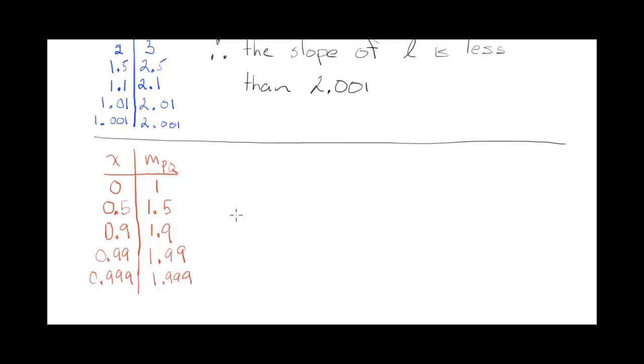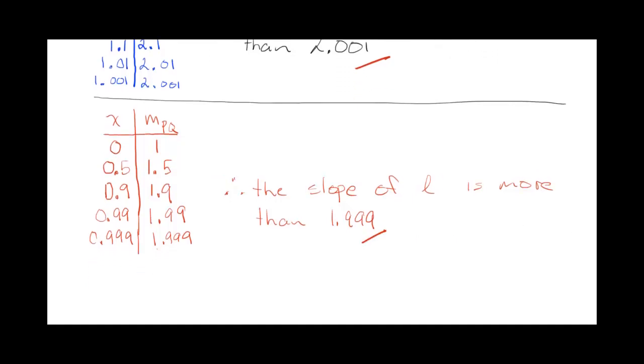So we know, therefore, the slope of L is more than 1.999. So from this calculation, it's smaller than 2.001, and from this calculation, it's bigger than 1.999. So we can, to a pretty good degree of accuracy, conclude that the slope must be between these two numbers.